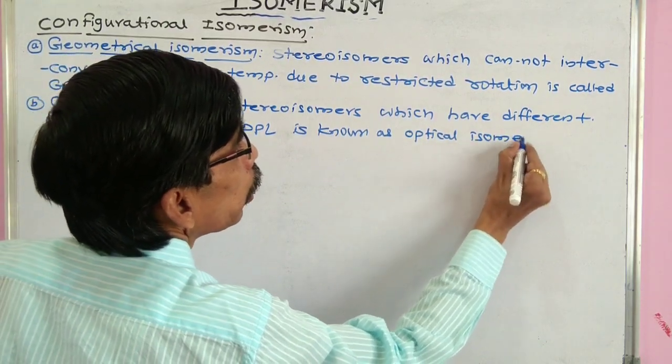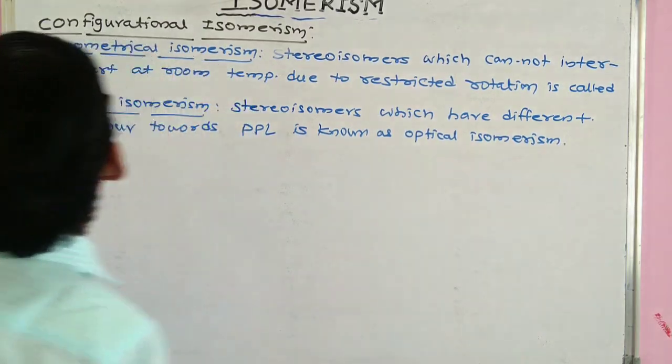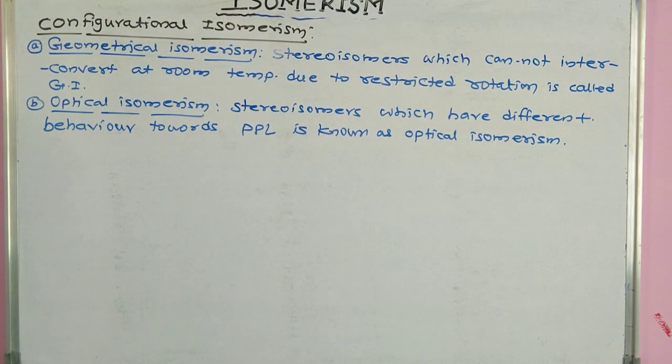So these are the two types of configurational isomerism.